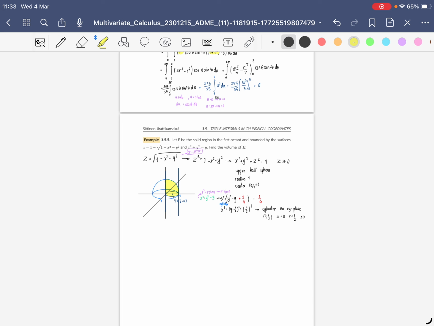The volume of E is the triple integral of 1 dV. But then when you change to r dr dθ, you have to add the factor r as usual.